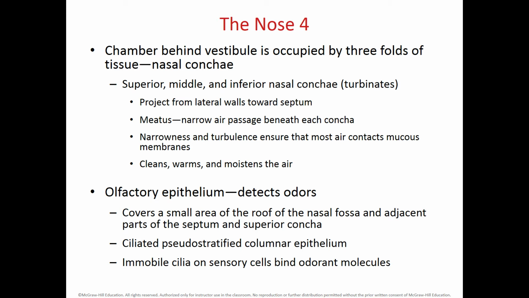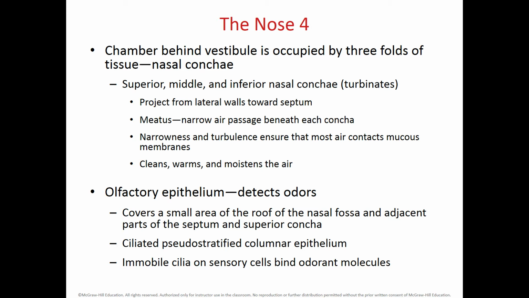Now, another function of the turbinates or conchae is to increase the air turbulence, so you can have more air going into the roof of the nose, but also to clean, warm, and moisturize the air that we inhale.